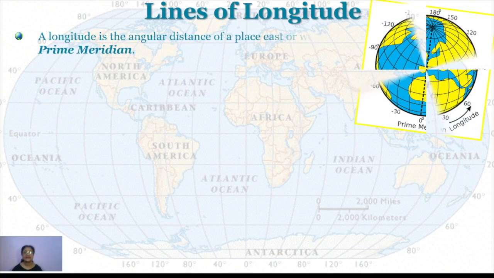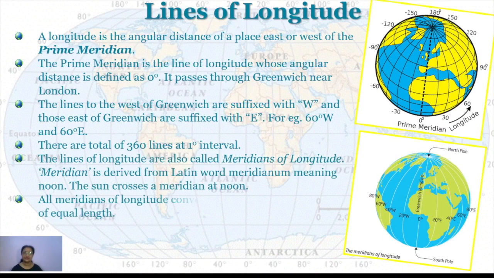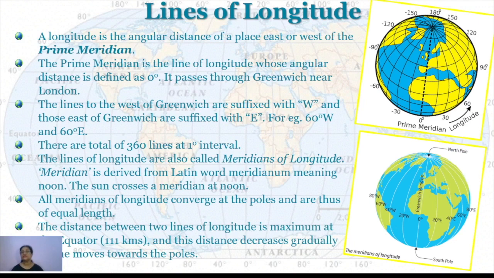Now these longitudes are the vertically drawn lines. If we have to define a longitude, a longitude is always the angular distance of a place east or west of the prime meridian.